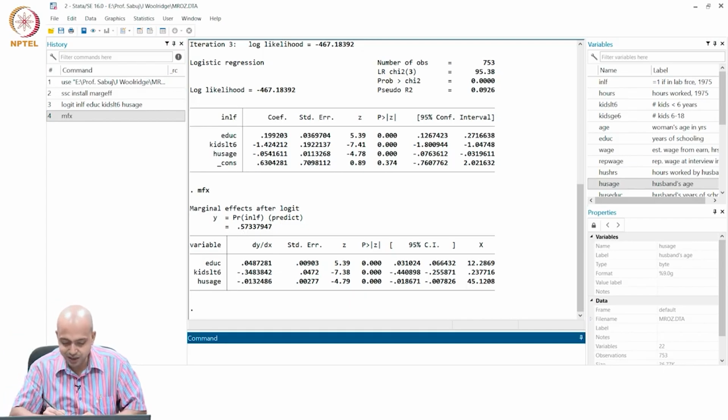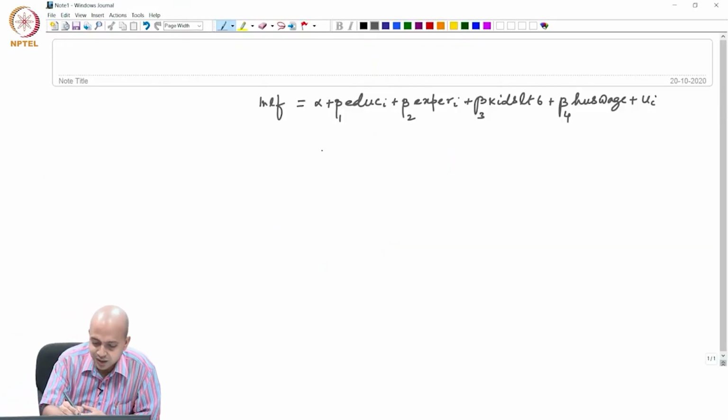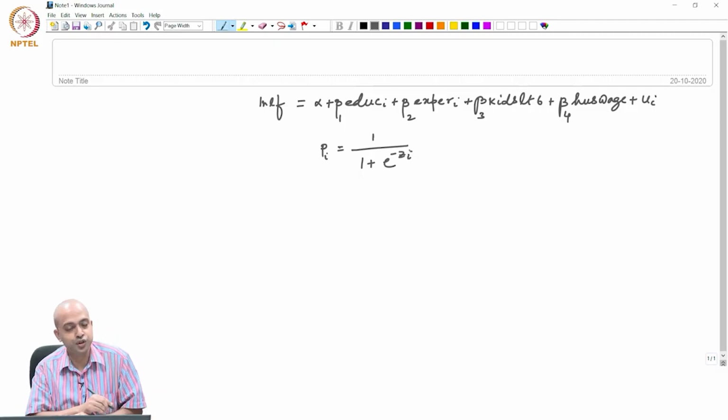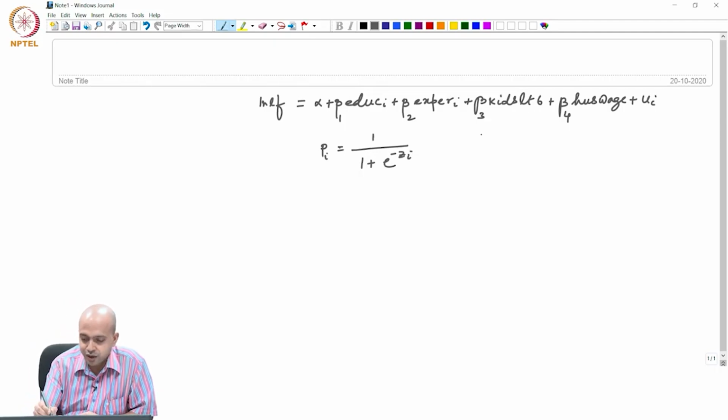Similarly, in this context, for the Logit model, pi equals 1 by 1 plus e to the power minus zi, where zi is basically alpha plus beta xi.